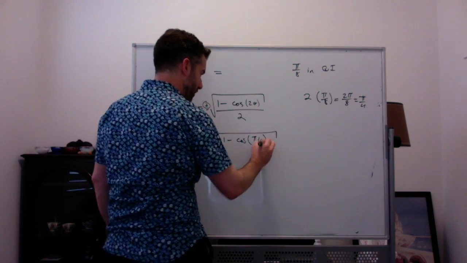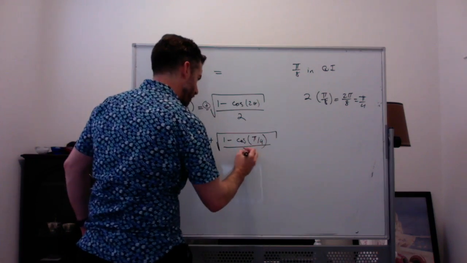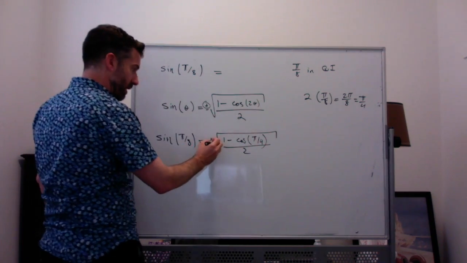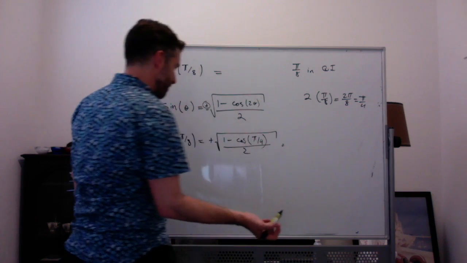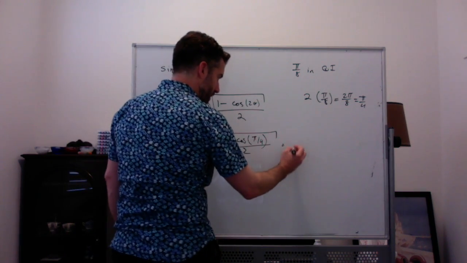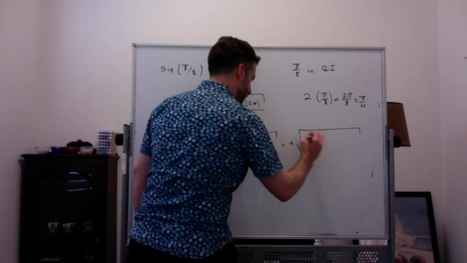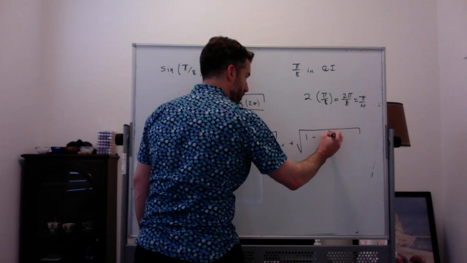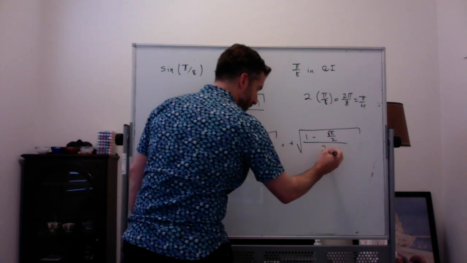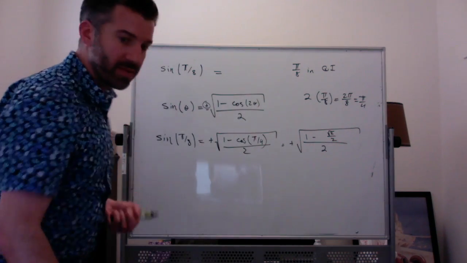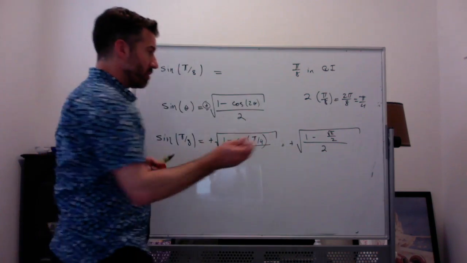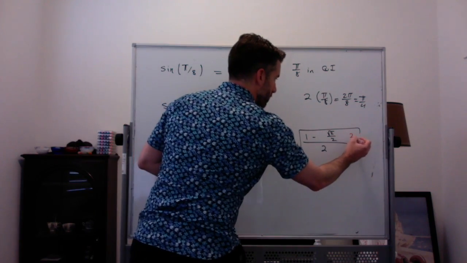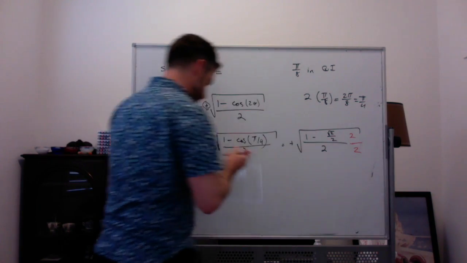And we know how to find cosine of pi over 4, all over 2. That 2 is inside the square root right now. So then most of this is just simplifying. This is going to be the positive square root of 1 minus cosine of pi over 4, which is root 2 over 2, all over 2. And then inside the square root, we multiply by 2 over 2.